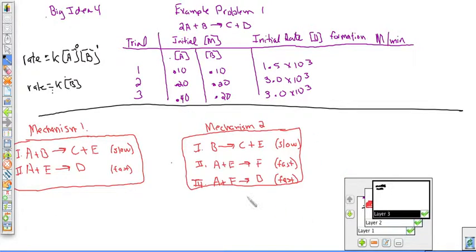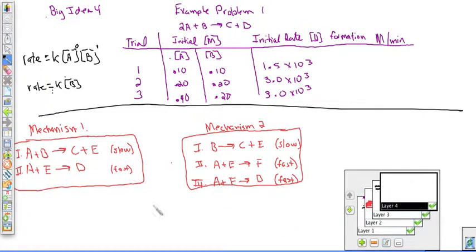So let's go ahead and analyze then. One of the things that they ask you to do sometimes is look at mechanisms and say, which mechanism matches the data? What you want to do with these mechanisms is essentially just add them like you're doing an addition problem. So let me just do this real quick. Let's just say we have this mechanism.